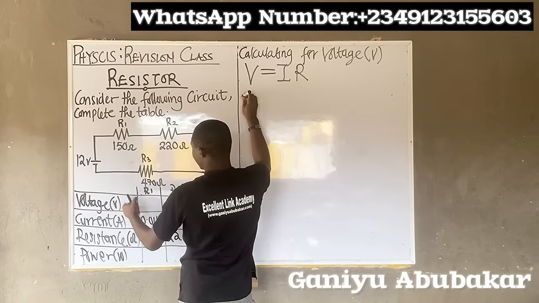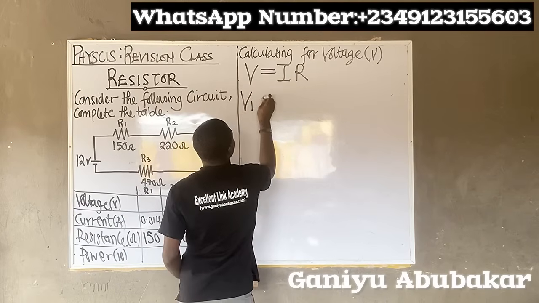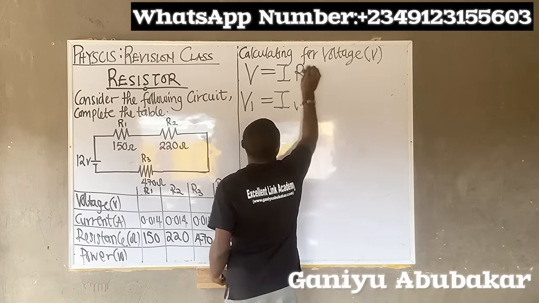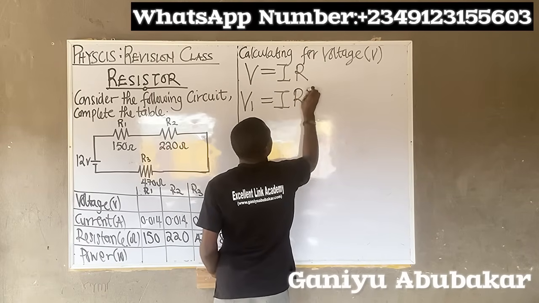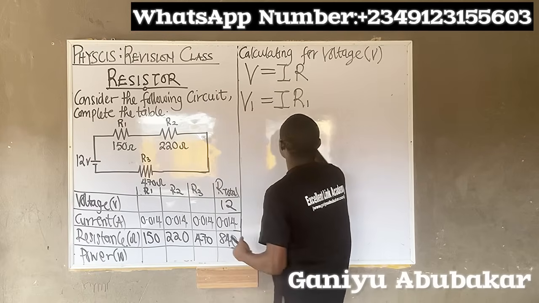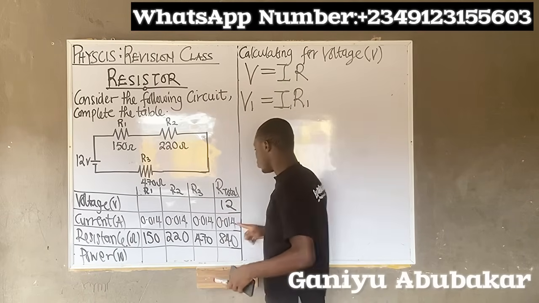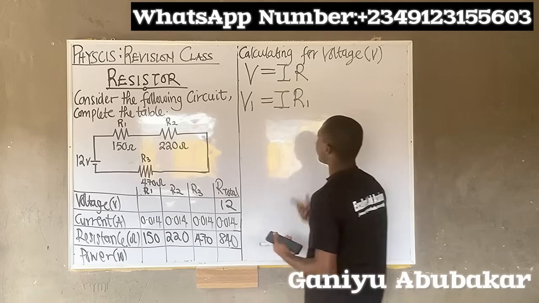For voltage at section 1, V1 is equal to I times R1. Perhaps I can say I1 times R1, but we know that I is the same all throughout. So I can say I times R1.